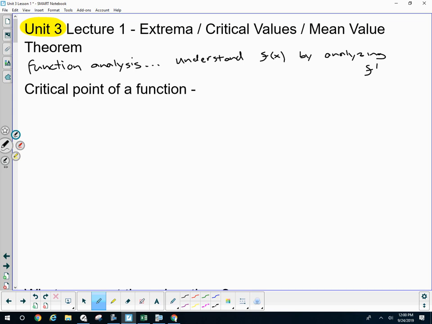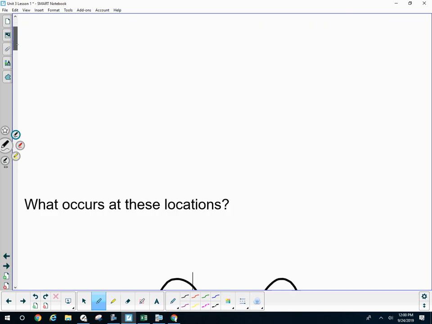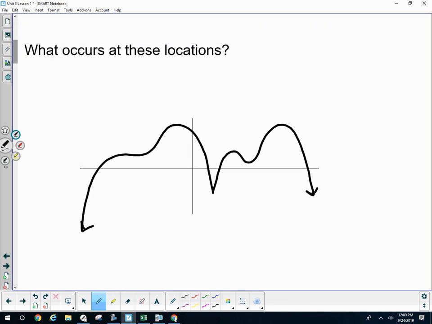The first thing we're going to talk about and analyze on a function are interesting points. In particular, interesting points like this point right there. Why is that an interesting point? Well, I'm going to call that point a max. It's a local max. It might be the global max. Who cares?